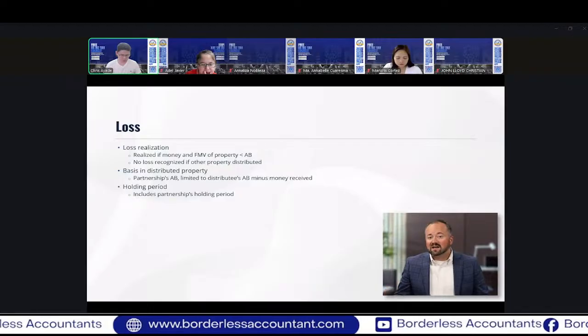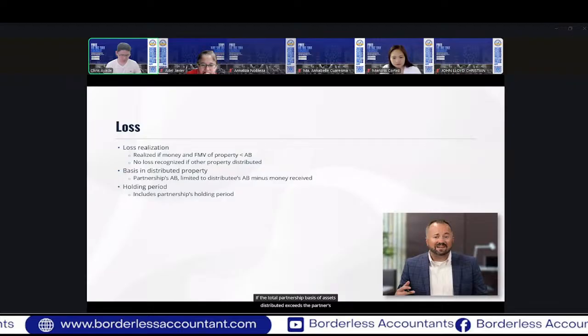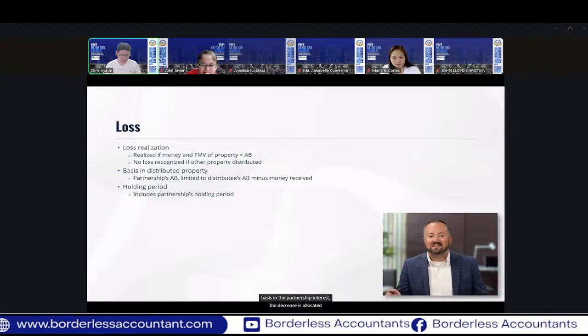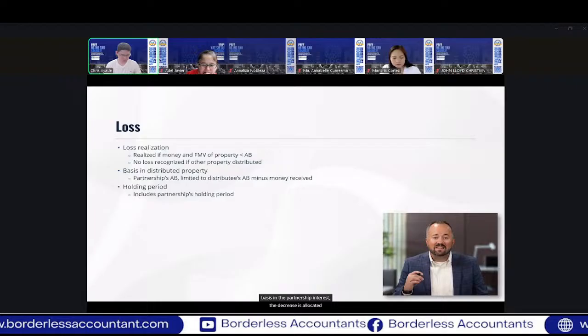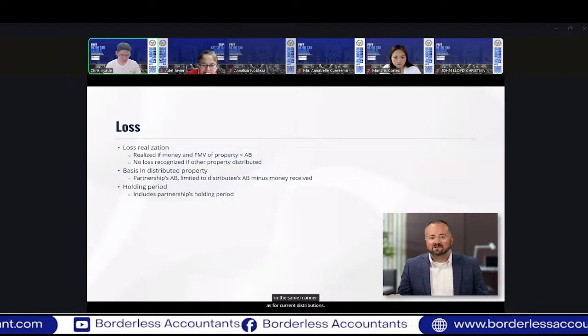If the total partnership basis of assets distributed exceeds the partner's basis in the partnership interest, the decrease is allocated in the same manner as for current distributions.